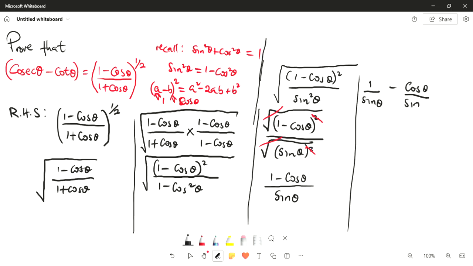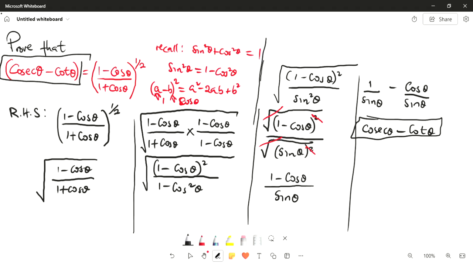Now 1 over sine gives us cosec theta, then minus cos over sine gives us cot theta, and we can see that this gives us our left hand side. So we can conclude that this has been proven successfully.